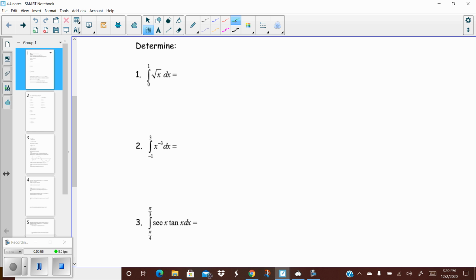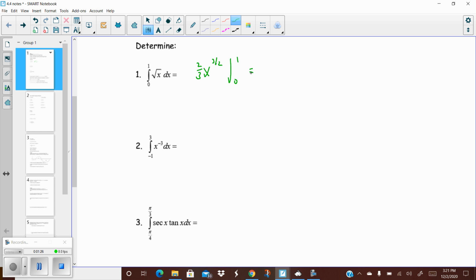So in the first one, remember that the fundamental theorem of calculus, part 2, says that we're just going to take the antiderivative, plug in the upper and lower bounds, and then subtract the results. And that's going to give us the result of the definite integral. So the antiderivative of x to the 1/2 would be x to the 3/2 divided by 3/2, which is multiplying by 2/3, and we'll evaluate that from 0 to 1.